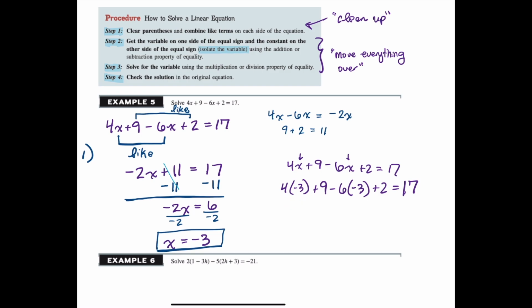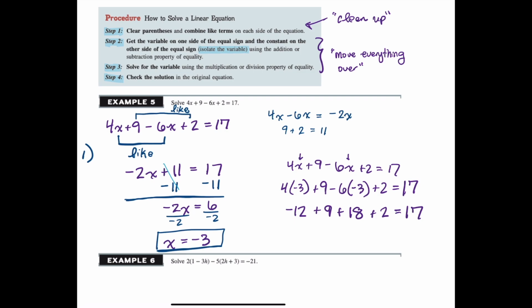So 4 times negative 3 is negative 12 plus 9. Negative 6 times negative 3. A negative times a negative is a positive. So we get plus 18 plus 2 equals 17.